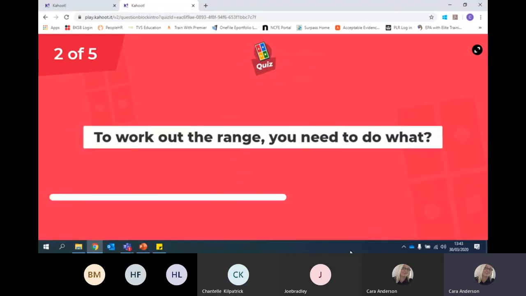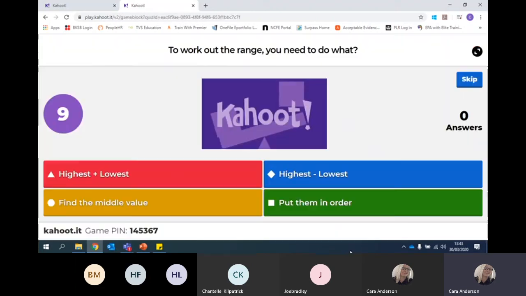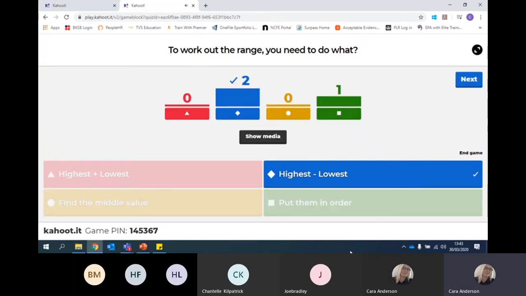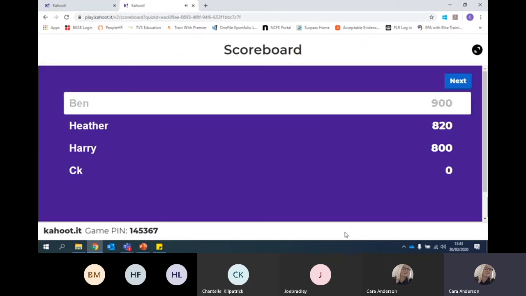To work out the range, you need to do what? Have a look at the scores. Oh, here she comes. Heather's back on top. Well done, Heather.